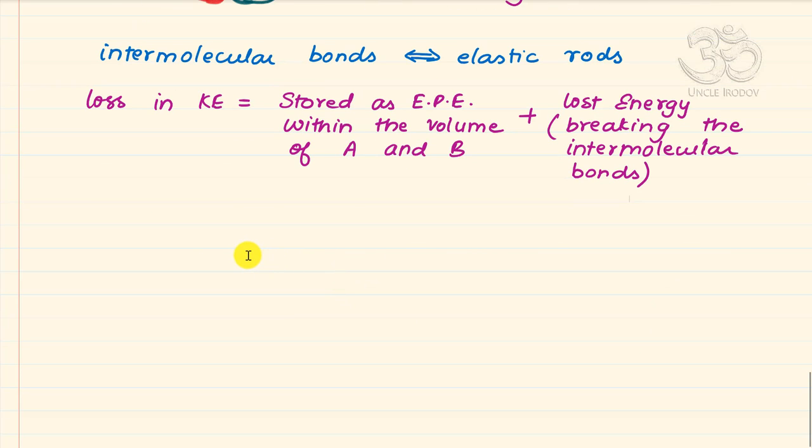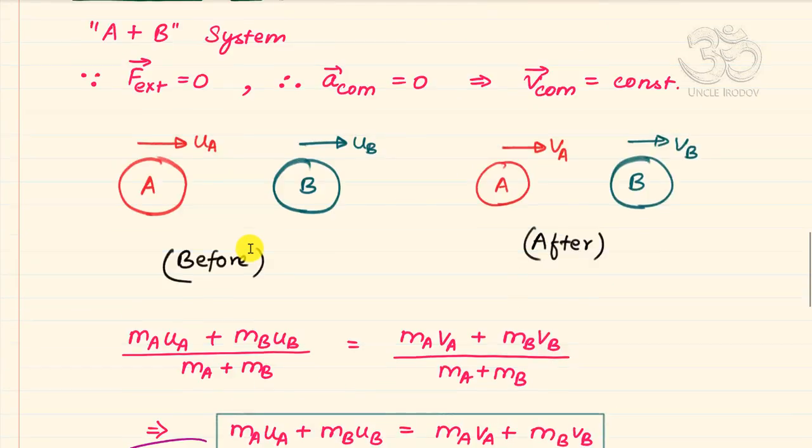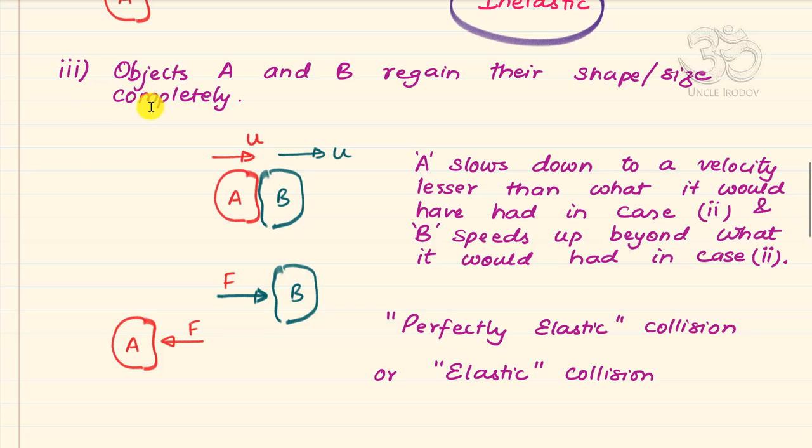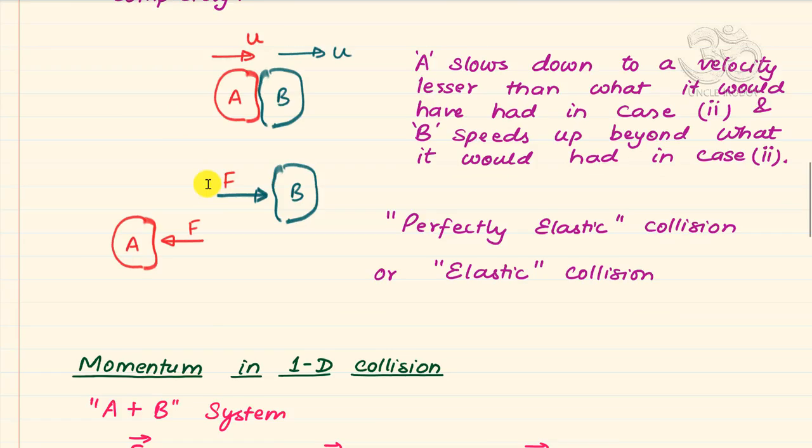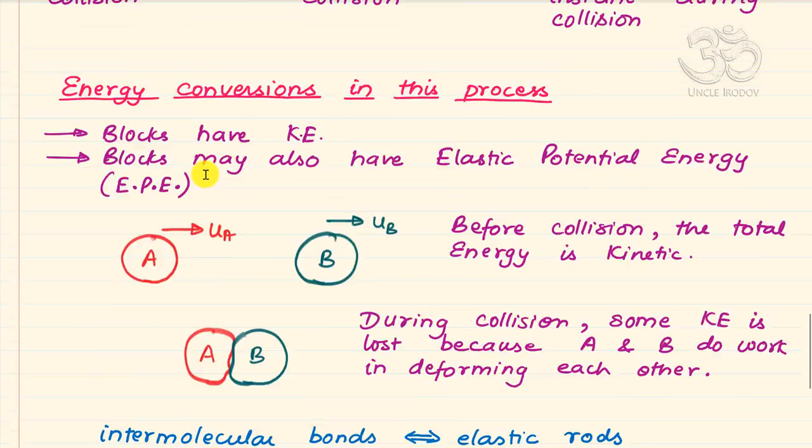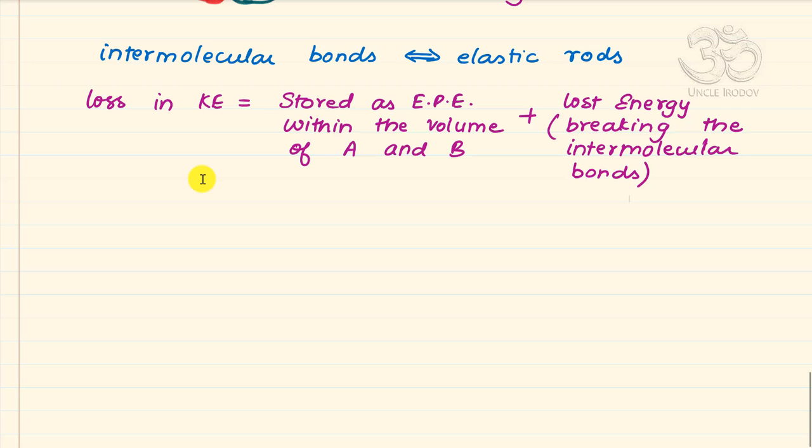So now if the shape and size are regained completely, let's go to the elastic case. So I go to this case where I'm talking about a perfectly elastic collision where the shape and size are regained completely. So if I see that the substances have regained their shape and size completely, then I know that finally there is no elastic PE stored and there is no loss because there was no damage to the intermolecular structure of the objects.